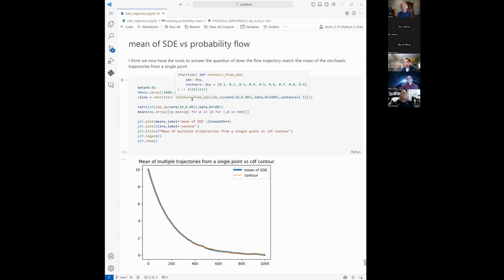I can't compute the CDF directly, but I can sort the samples and just pick the nth line in that sorted list. So I do that and I plot that. And then I also plot, where's the other part we plotted?